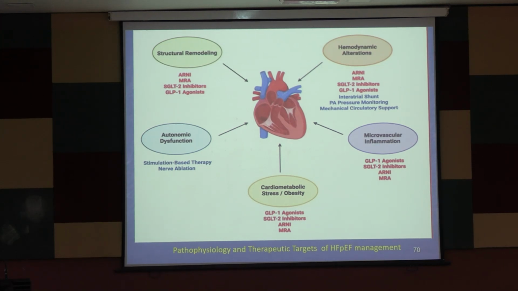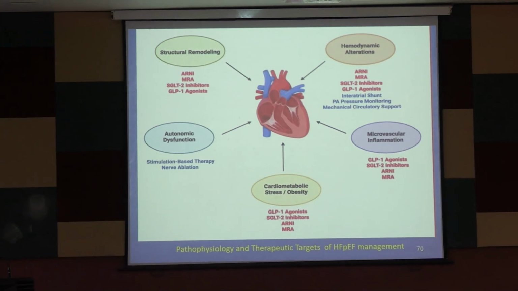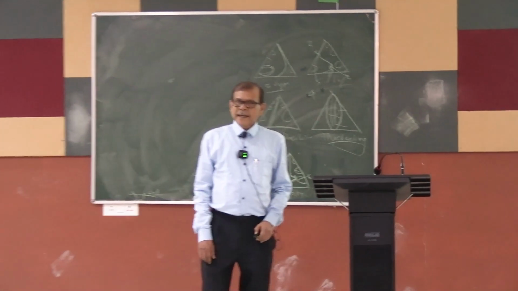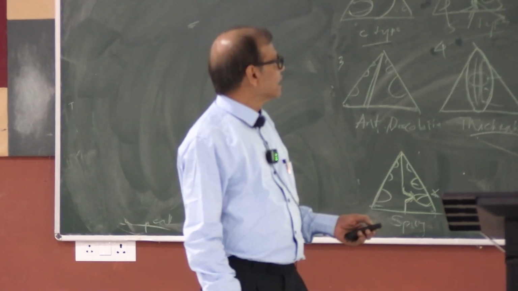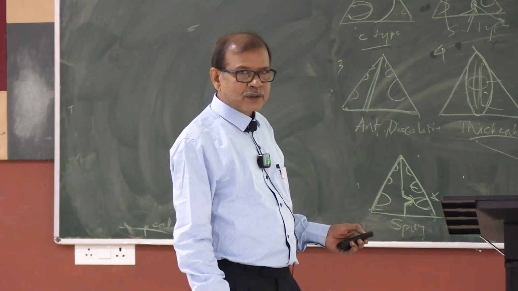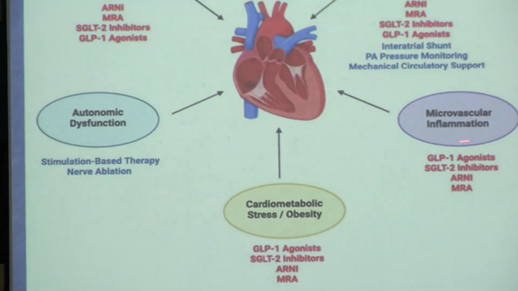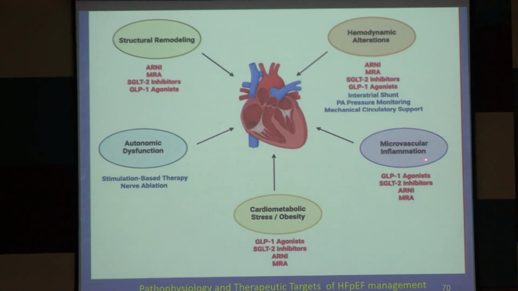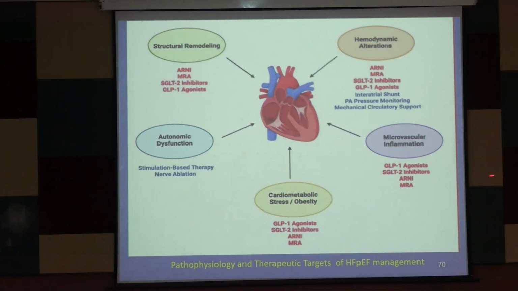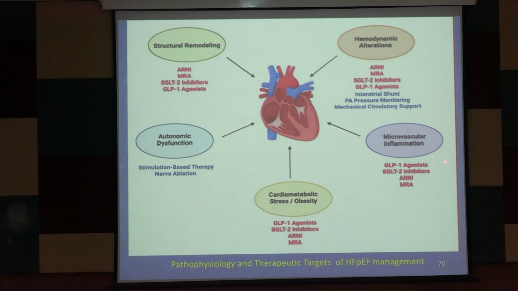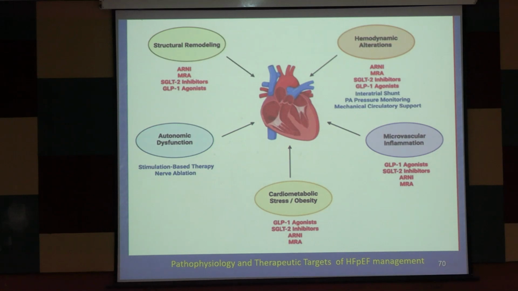Hemodynamic alterations means ARNI, ACEI or MRA, SGLT2 inhibitors and GLP-1 receptor agonist. Then the microvascular inflammation, that is the meta-inflammation or metabolic inflammation: GLP-1 agonist, SGLT2 inhibitors, ARNI and MRA.